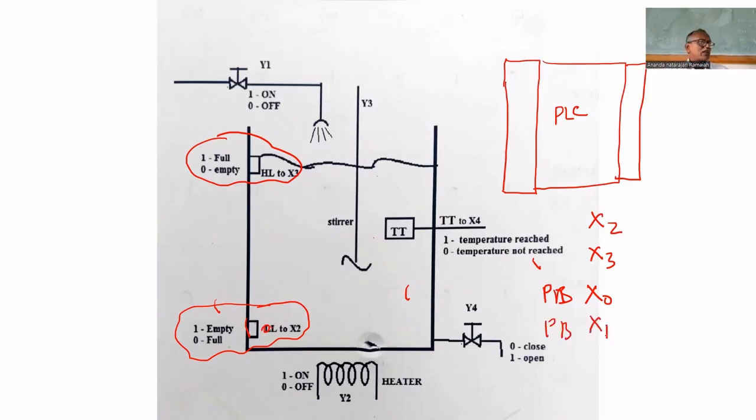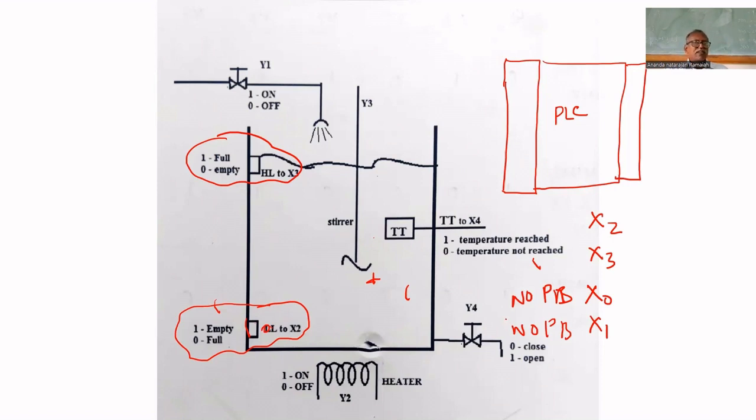Both X0 and X1 are normally open push buttons. X2 is to check whether the tank is empty or not, and X3 is to check whether the tank is full or not.